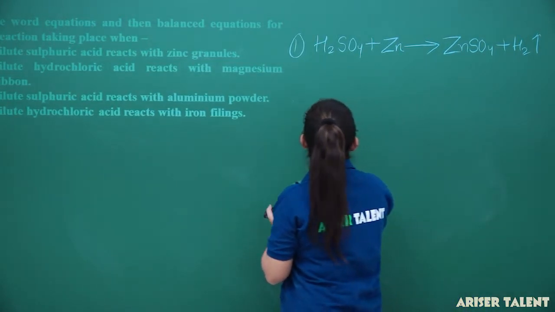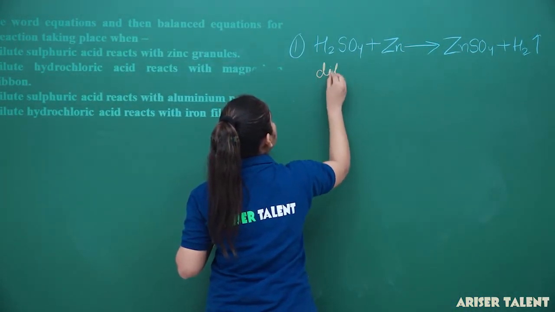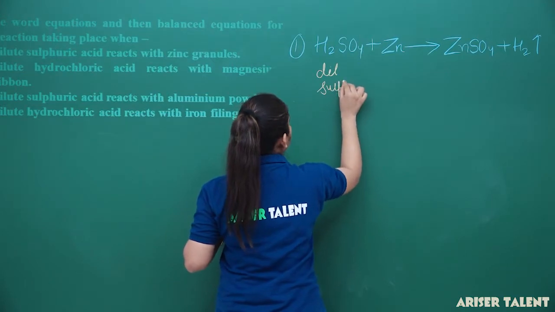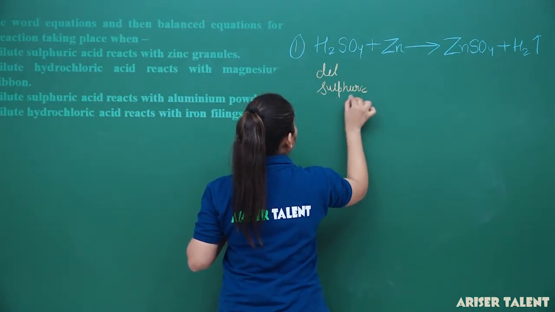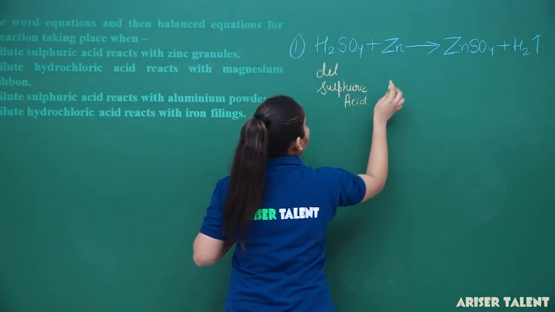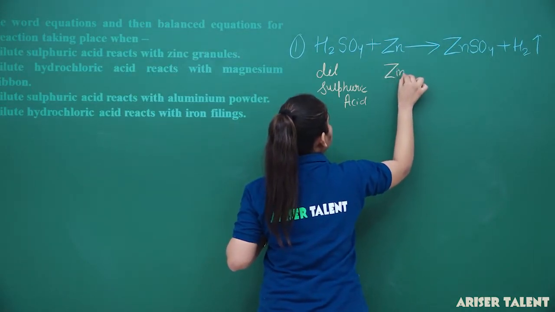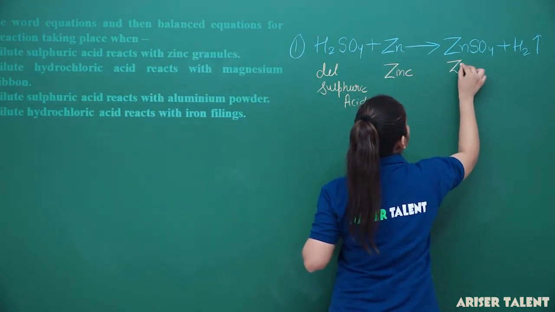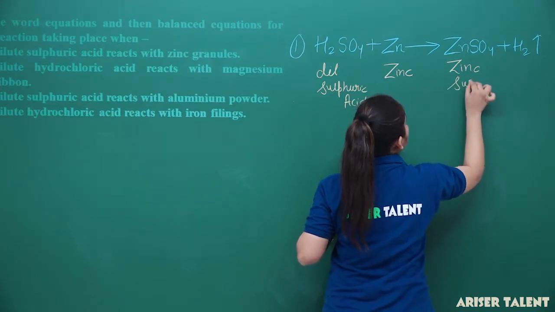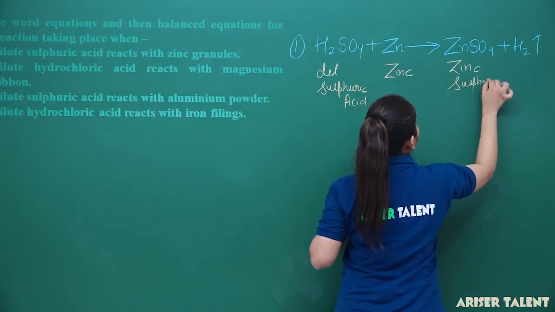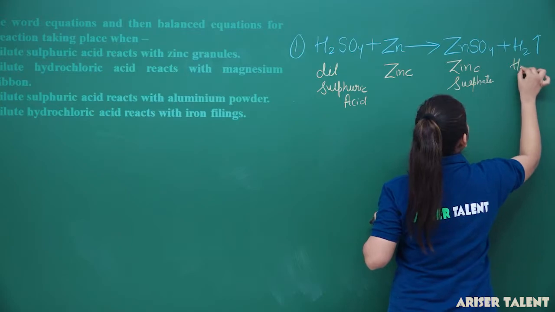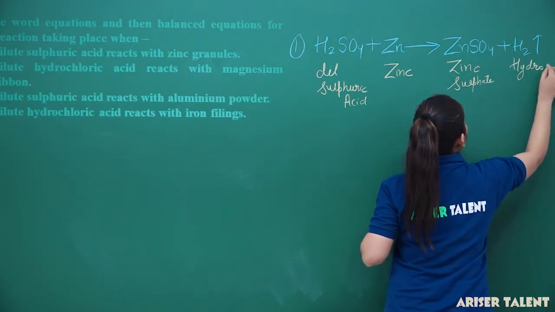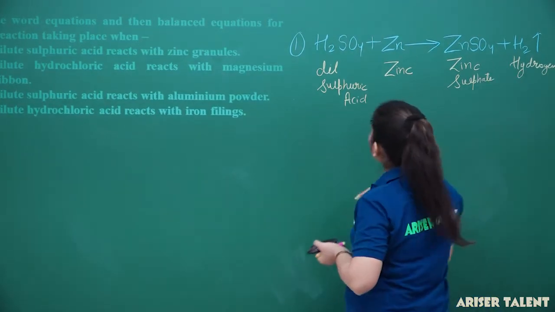Now this is our dilute sulfuric acid. This is zinc. This is zinc sulfate. And this will be our hydrogen gas.